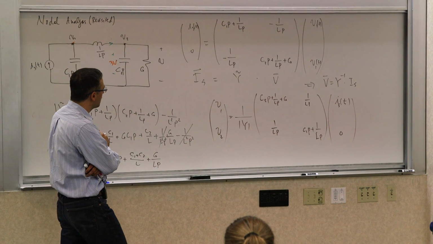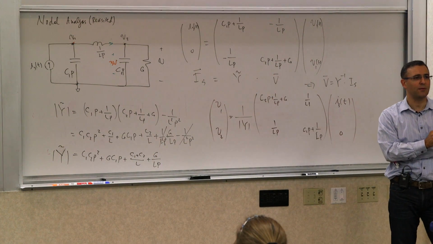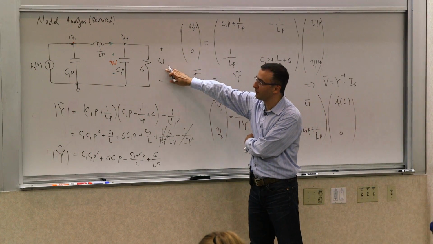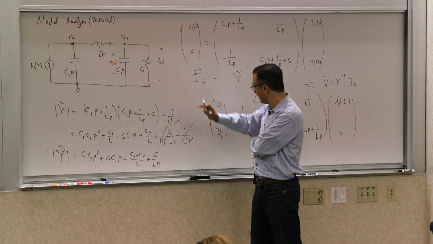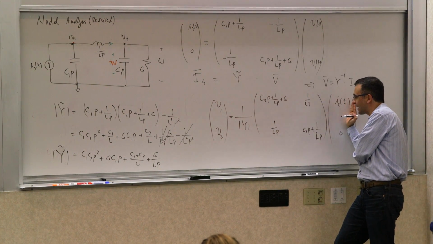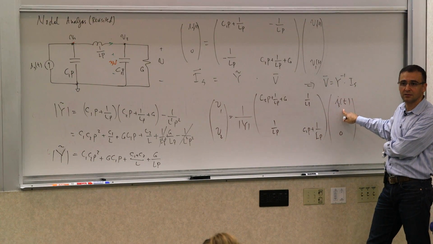Okay? So now what I'm interested in is really which voltage? The output voltage, V, right? Which is V1 or V2? V2, right? So I basically take this and multiply it by that to get this. And the only remaining term is 1 over LP Is of t.